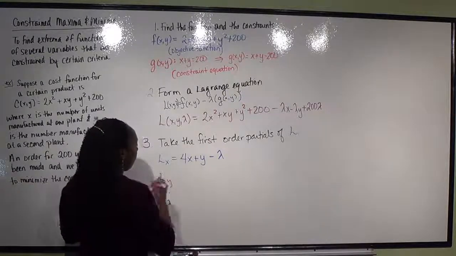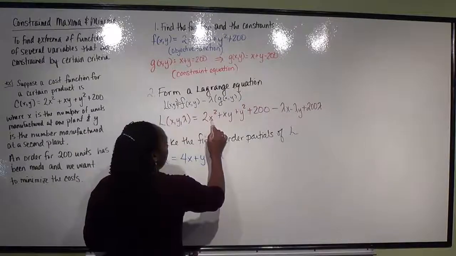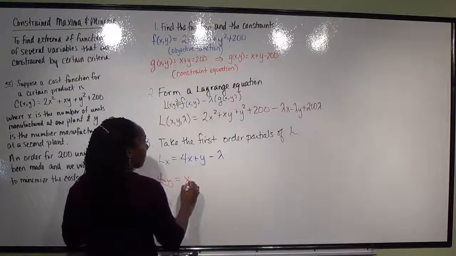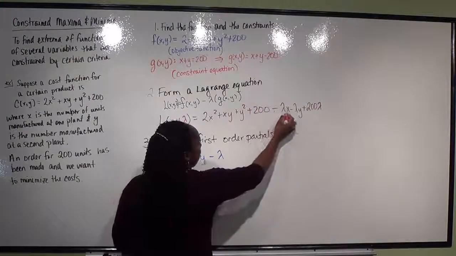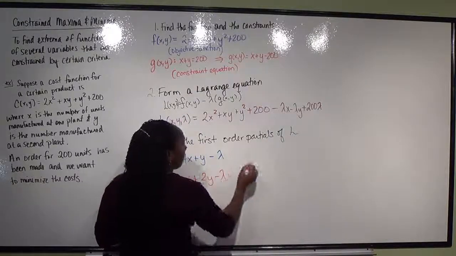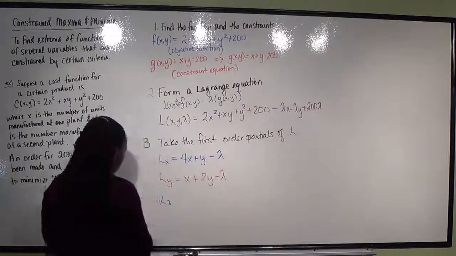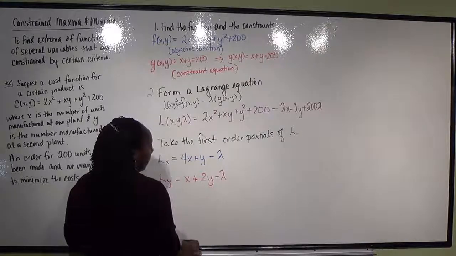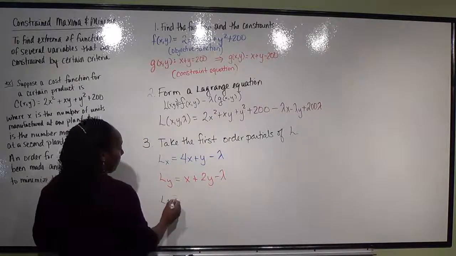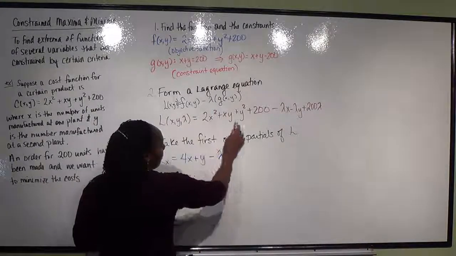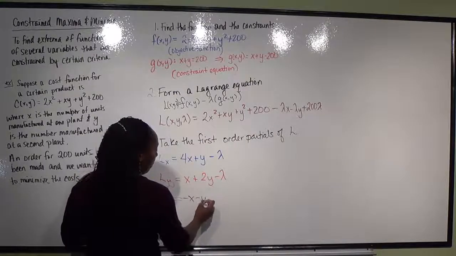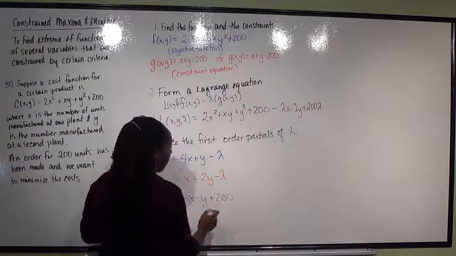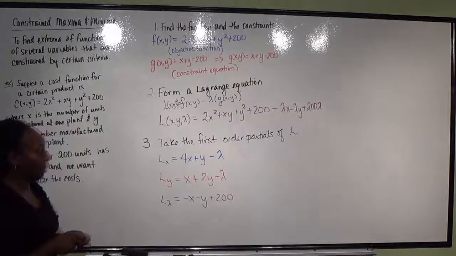For L sub y, that goes to 0, I'll get an x plus 2y, that'll go to 0, that'll go to 0, minus lambda, and then that one will go to 0. And then lastly, for L sub lambda, we'll get all of these going to 0. We'll get a minus x minus y plus 200.